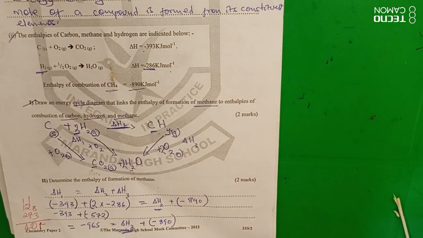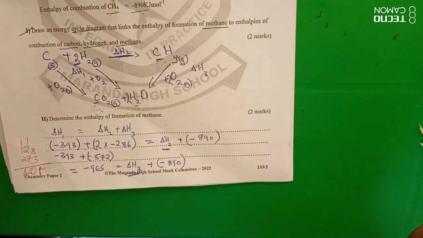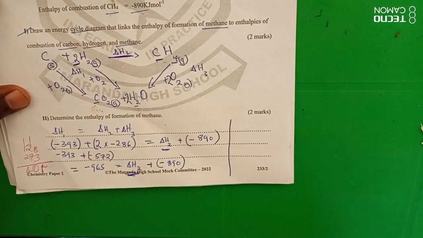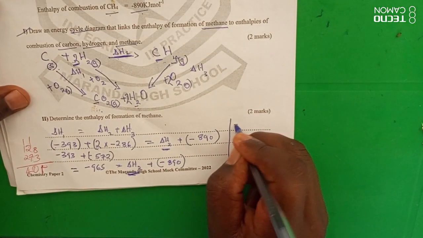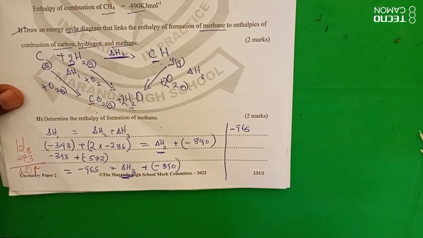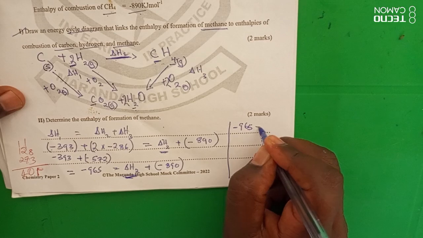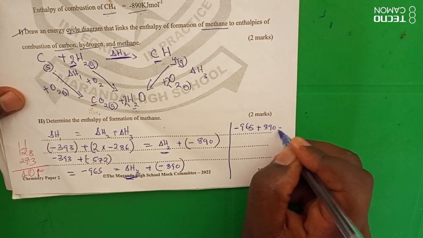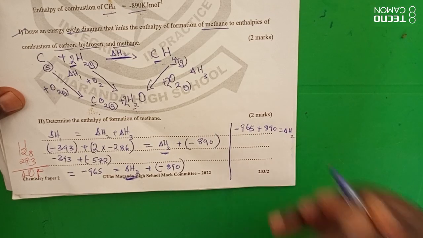So we need the value of enthalpy 2. We say negative 965 plus 890 is equal to route 2.